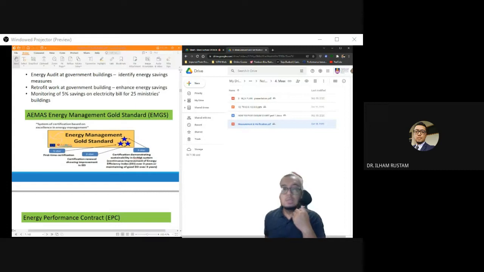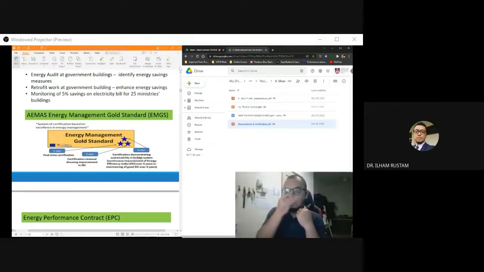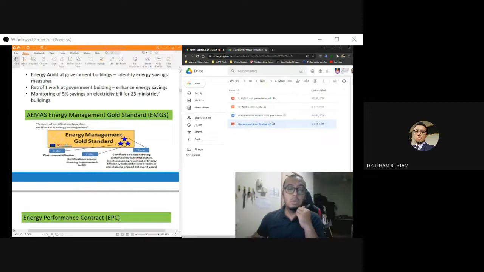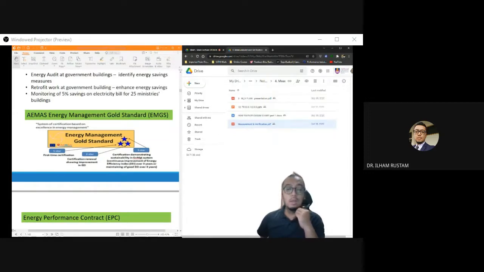So I guess EMGS is the least of what they are striving for today. But during the UN meeting just this year, I think they are going to work on it. For now this may not be their main concern, but the structure and mechanics to achieve this are still there. The buildings are still there, but of course we have yet to see any strive towards achieving EMGS for government buildings for now.